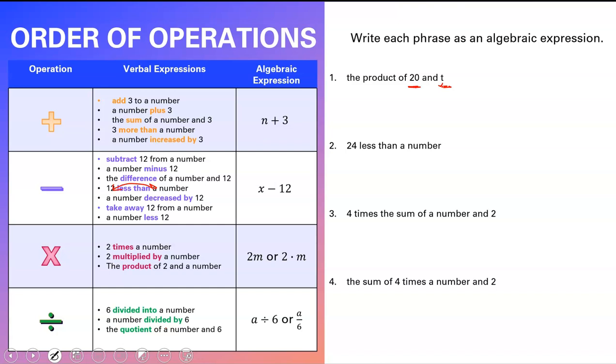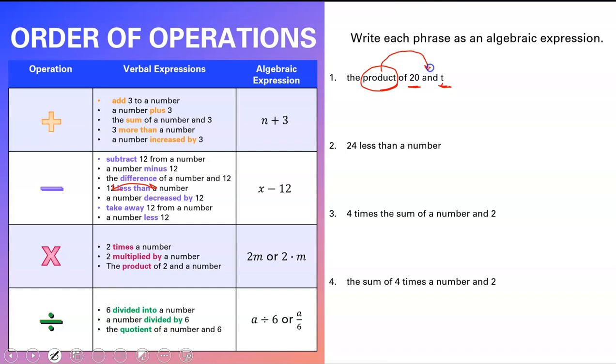Next up, we need to be looking for any keywords that tell us what we are doing. Are we adding, subtracting, multiplying, or dividing? Here, I see the word product. Now, a product is an answer to a multiplication problem. Notice how I said it's an answer. So what are we multiplying?